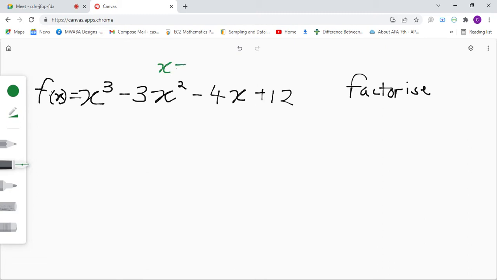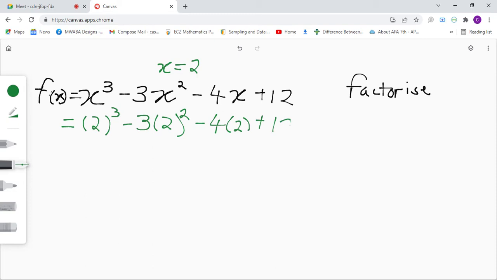So for this one, we're going to try x equals 2. We're going to input 2 into this polynomial. So we're going to have 2 cubed minus 3 times 2 squared minus 4 times 2 plus 12.